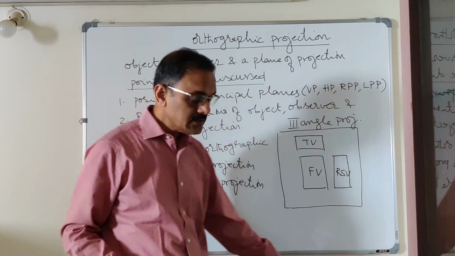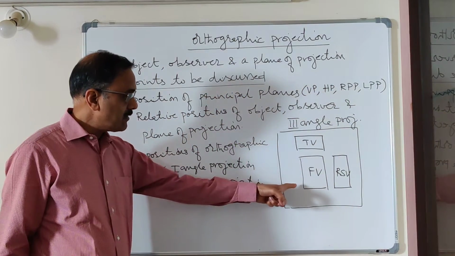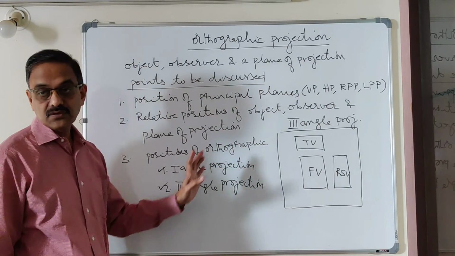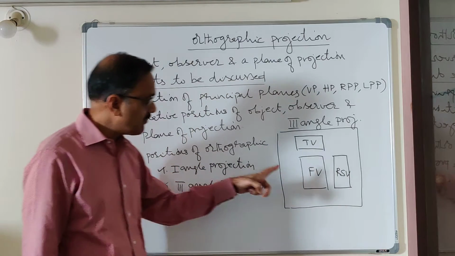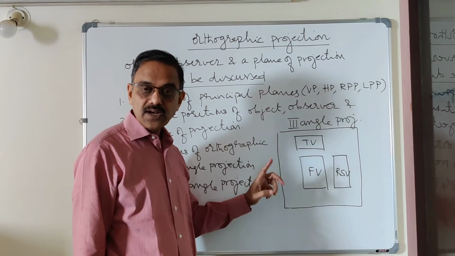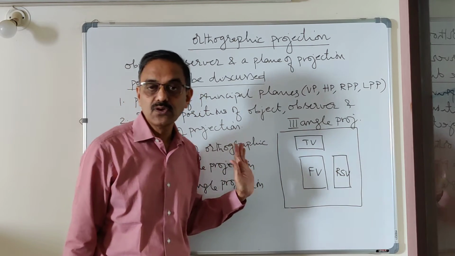So did you find the difference between them? This is how the orthographic views are positioned. That is about the third point, position of orthographic views. So the front view is here, the front view is fixed always. The top view and right side view will change their positions depending on the method of projection that we use.